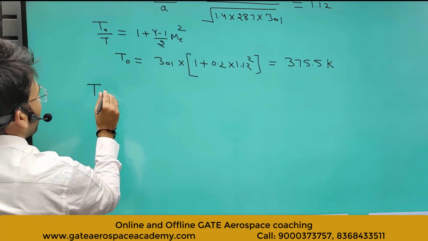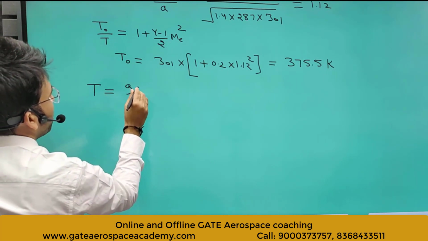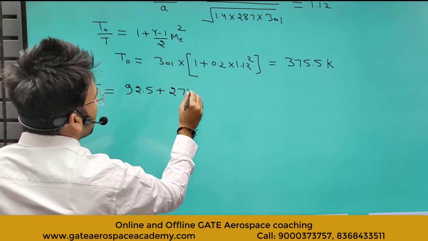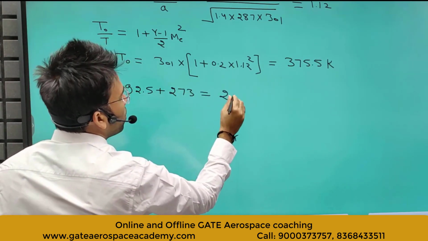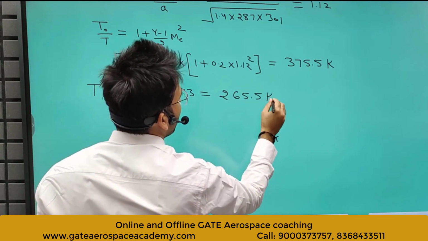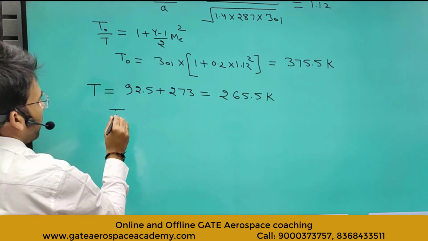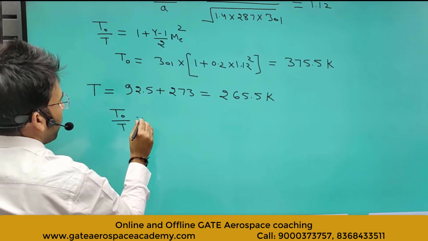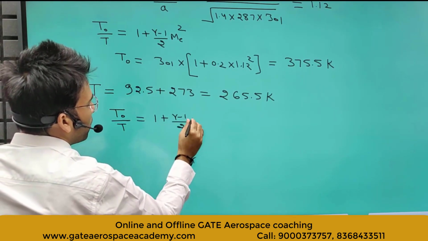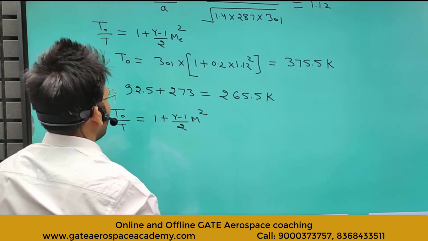So at that location static temperature is 92.5 plus 273, which is equal to 365.5 Kelvin. So again we can apply T naught by T is equal to 1 plus gamma minus 1 upon 2 M square, right?